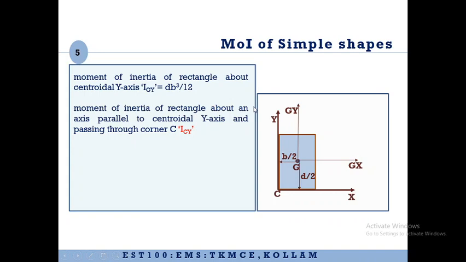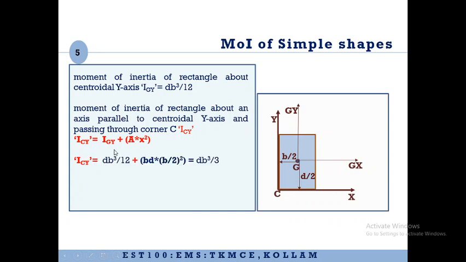CY axis is a parallel axis, therefore we will apply the parallel axis theorem. That is ICY is equal to IGY plus A into x square. That is moment of inertia about the parallel axis is equal to moment of inertia about the centroidal axis plus area into distance between the two axes square.